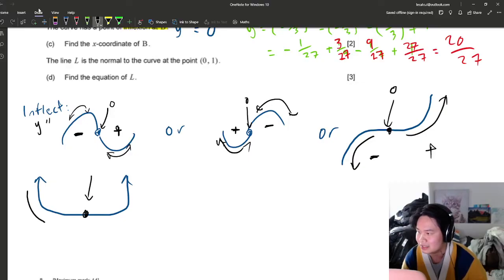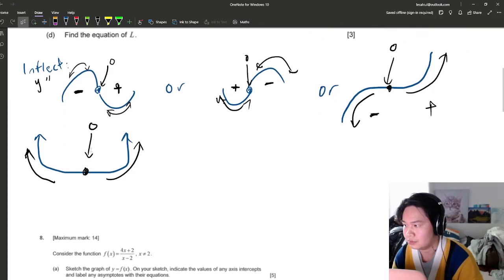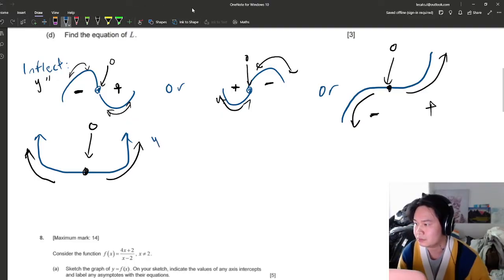So you can see that it's concave up before and also after, but if you were to take the second derivative, it would be 0 here. So an example of this is y equals x to the power of 4.